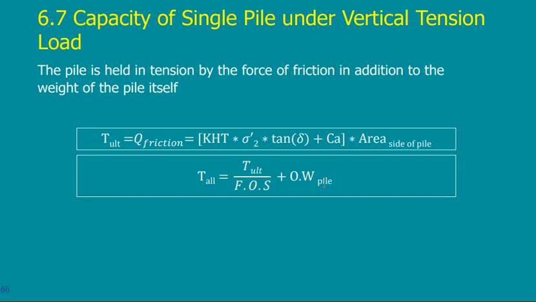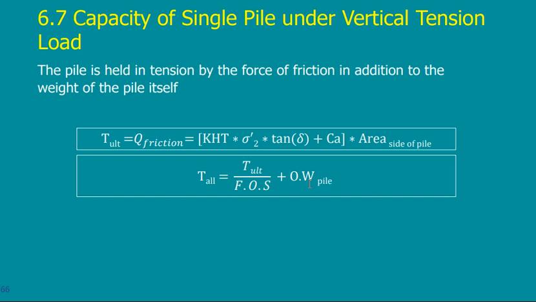And in this case, I'm going to take it without any factor of safety. It's the area of the pile multiplied by the length of the pile multiplied by the unit weight of concrete to get a value. This value is not a very big deal. Suppose I have a pile carrying 200 ton and I calculate the value of the own weight.